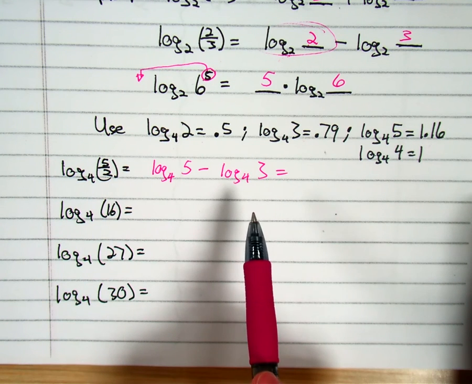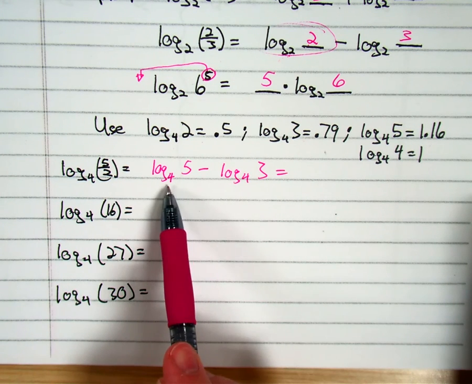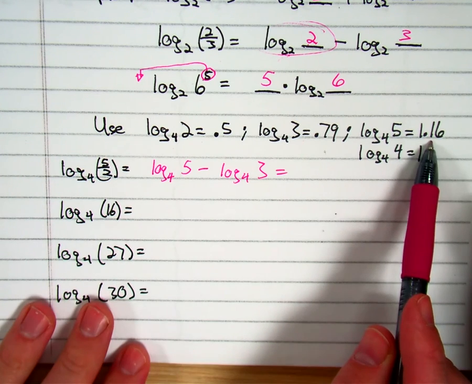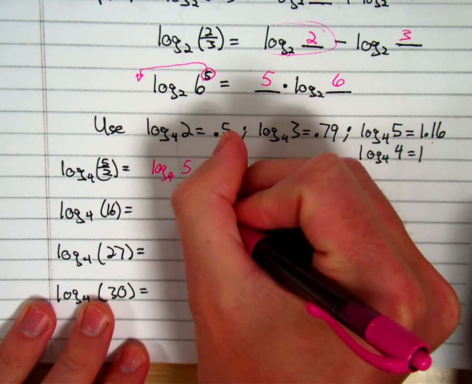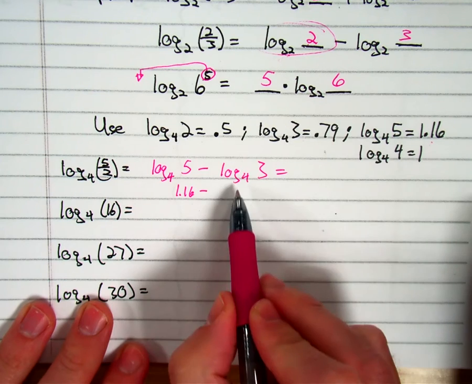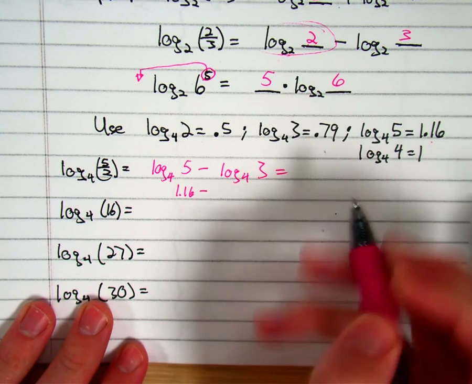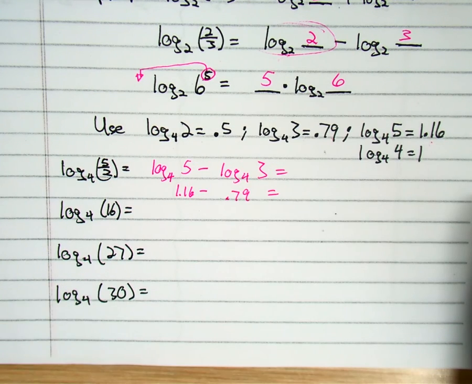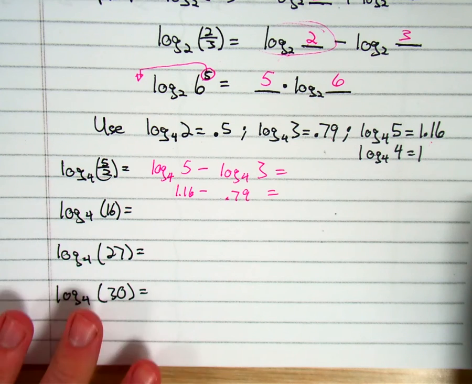So log base 4 of 5, I have that somewhere. That's 1.16, minus log base 4 of 3, which is 0.79. And we can get a decimal approximation here of 0.66.